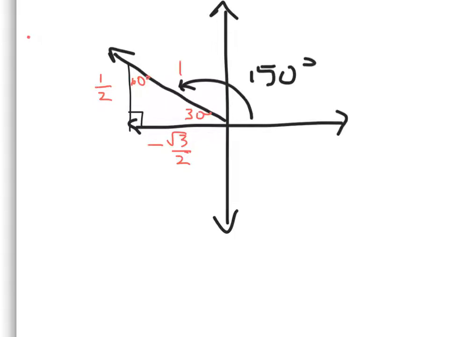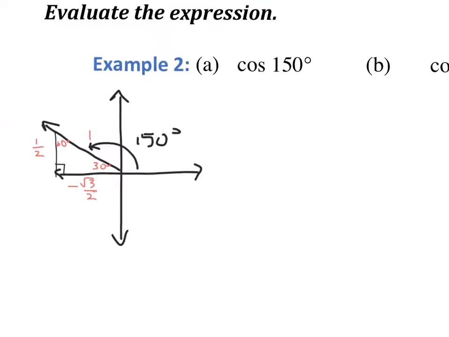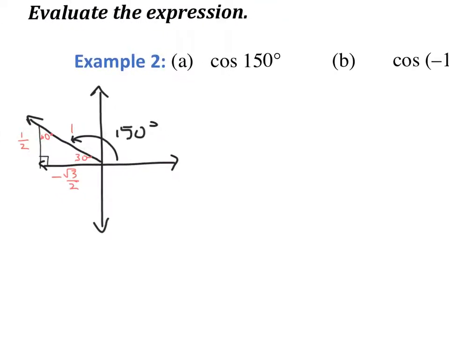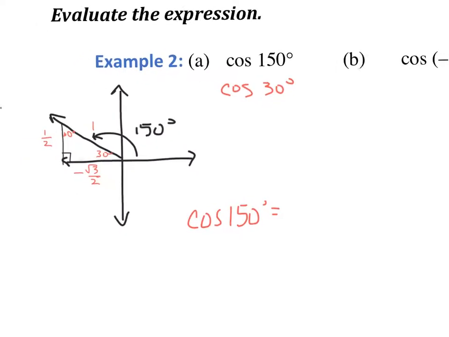Okay? All right, so now, cosine of 150 degrees is the same thing as the cosine of 30 degrees, our reference angle. But we're not going to say that. We're going to say cosine of 150 degrees is equal to what? What is the cosine from our triangle that we drew?